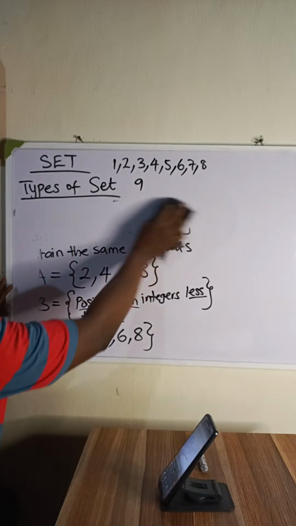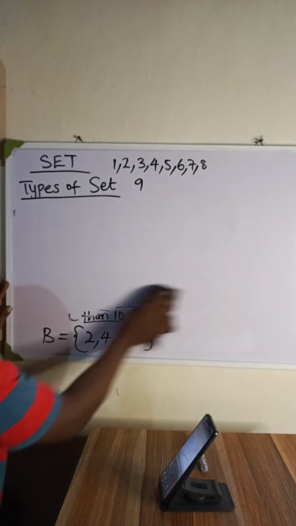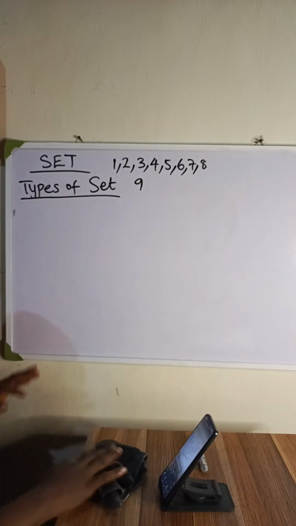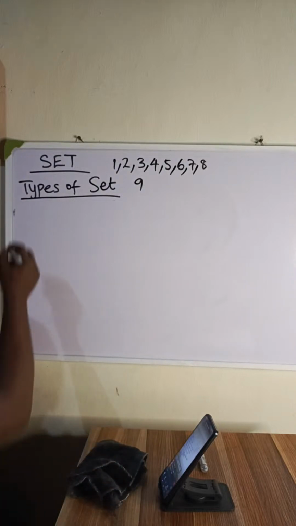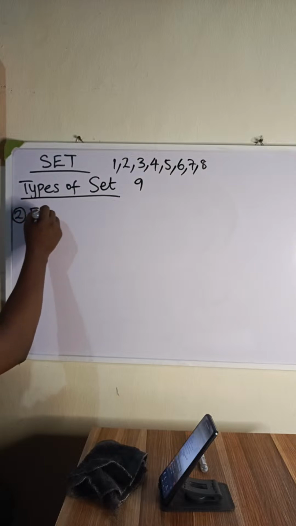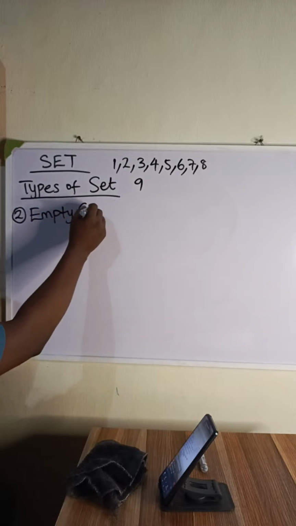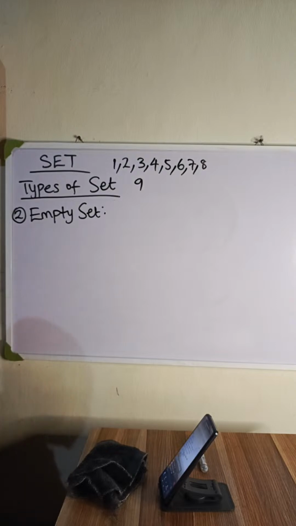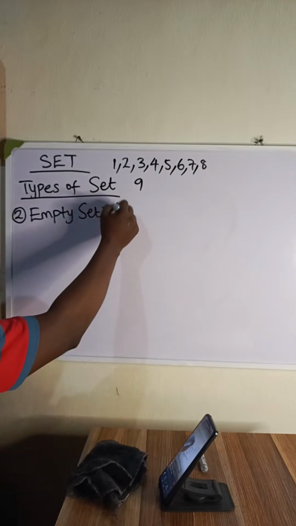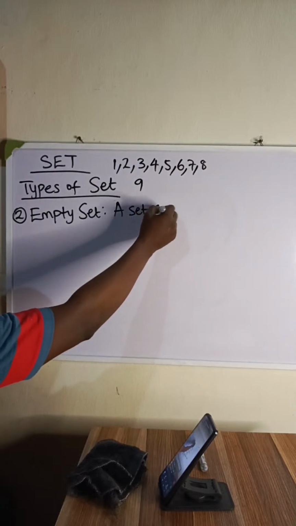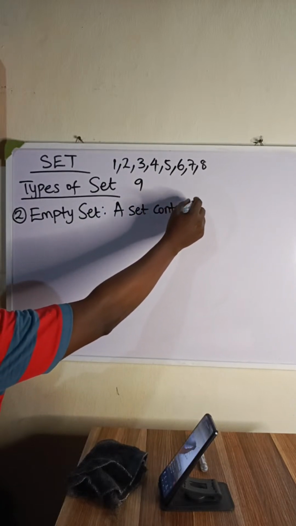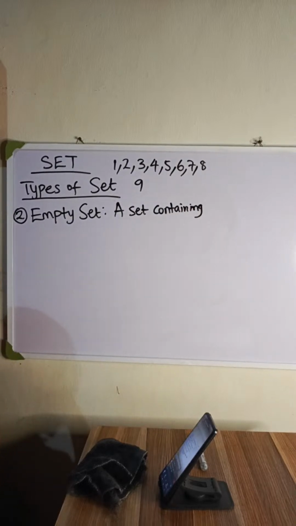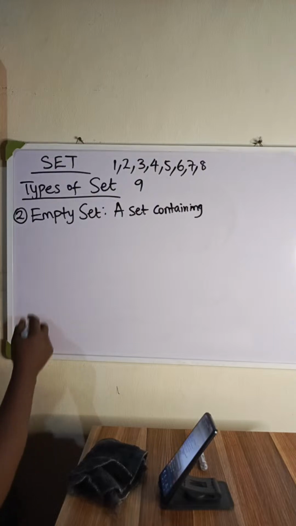The second type of set is the empty set. A set containing no element is an empty set.